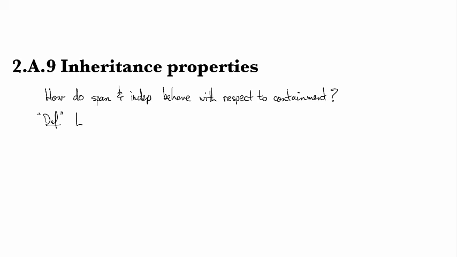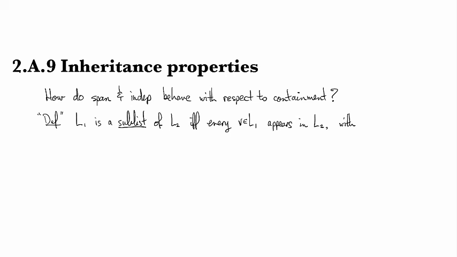So we say that L1 is a sublist of L2 if every element of L1 appears somewhere in L2.